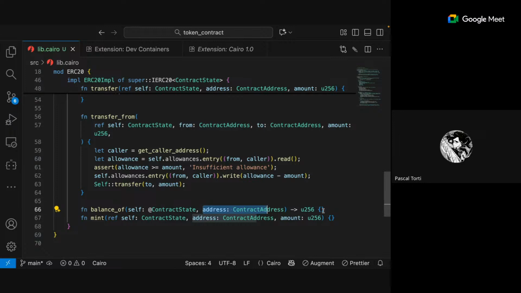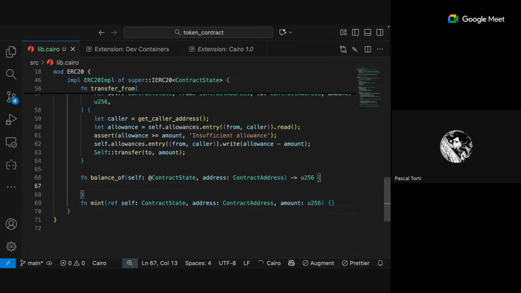So if this address does not exist, like I said, it will return the default value of a U256, which is 0.